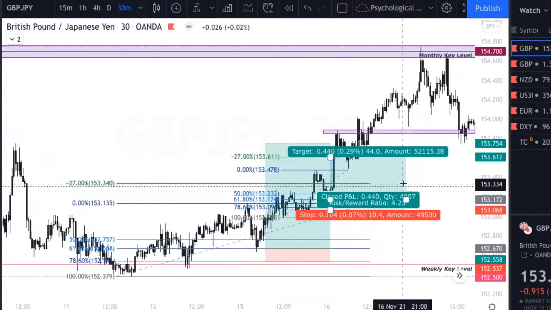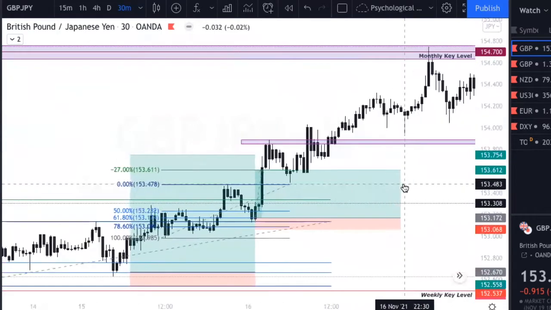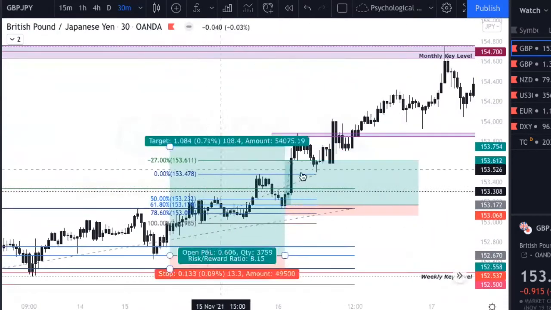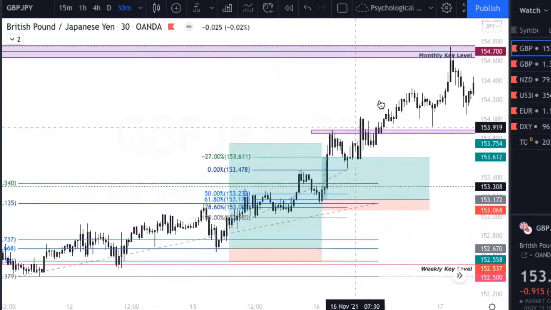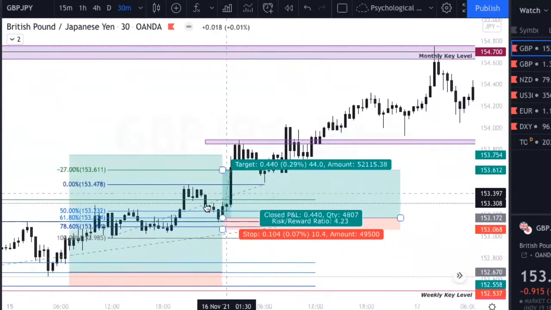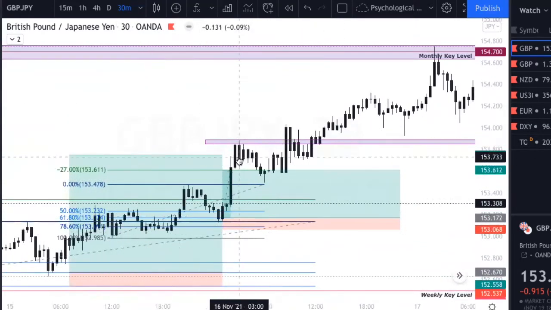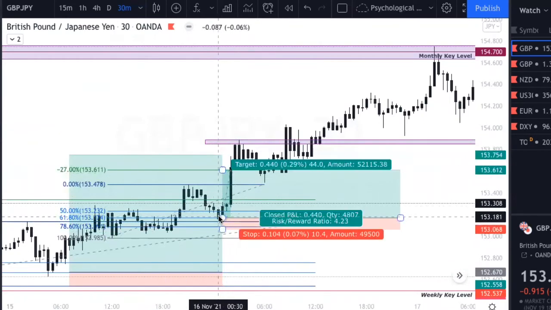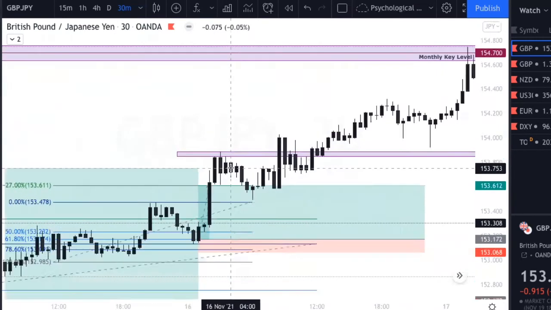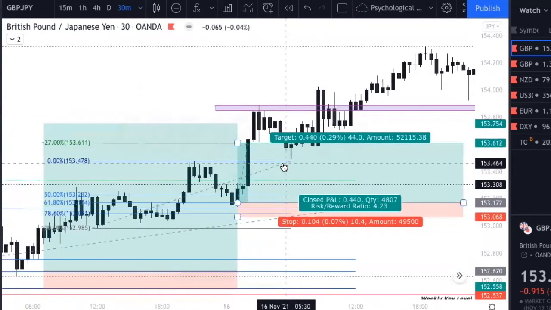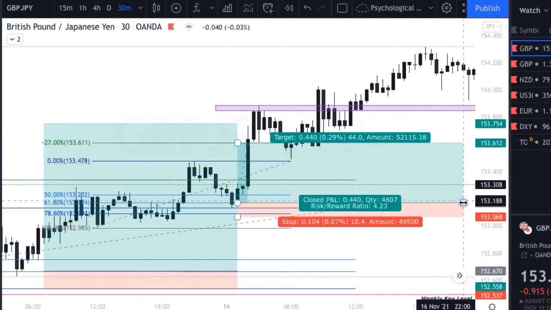Okay. So for my scaling entry, or second entry within this move to the upside, all I did was use the fib, same confirmations that I talked about, and entered in on that 61% area. When I was talking about this on Instagram, I said I entered this before I got into the shower at night, and when I got out of the shower, it had already hit my take profit area.